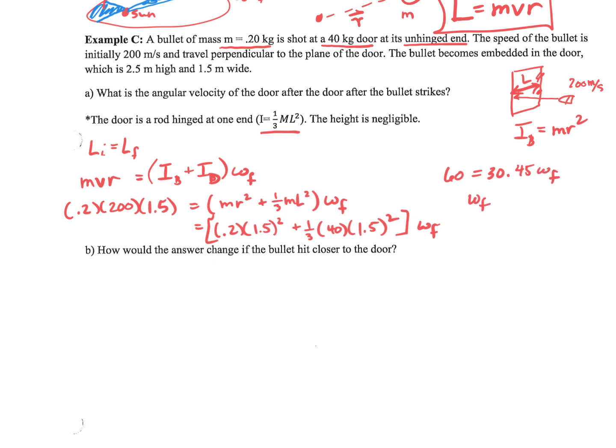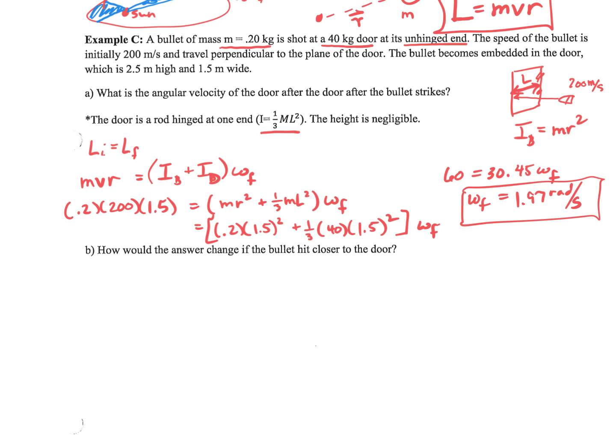So omega final is going to be equal to 60 divided by 30.45, which is 1.97. So 1.97 radians per second. So that's my final.